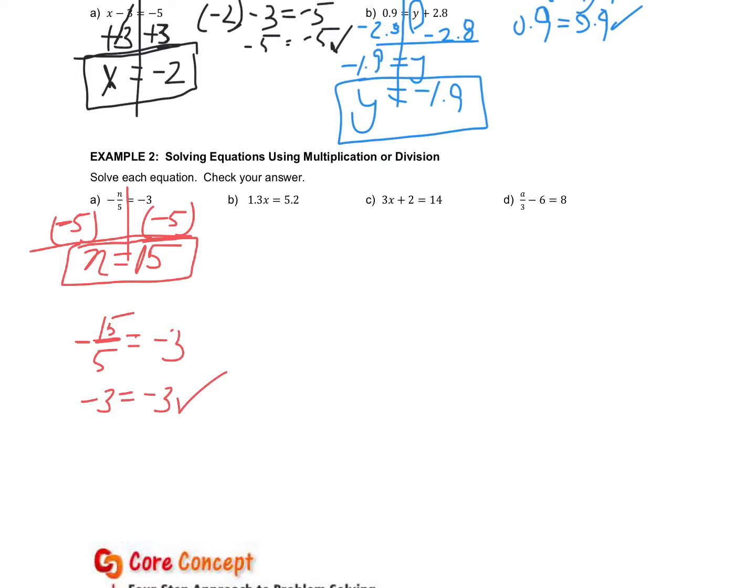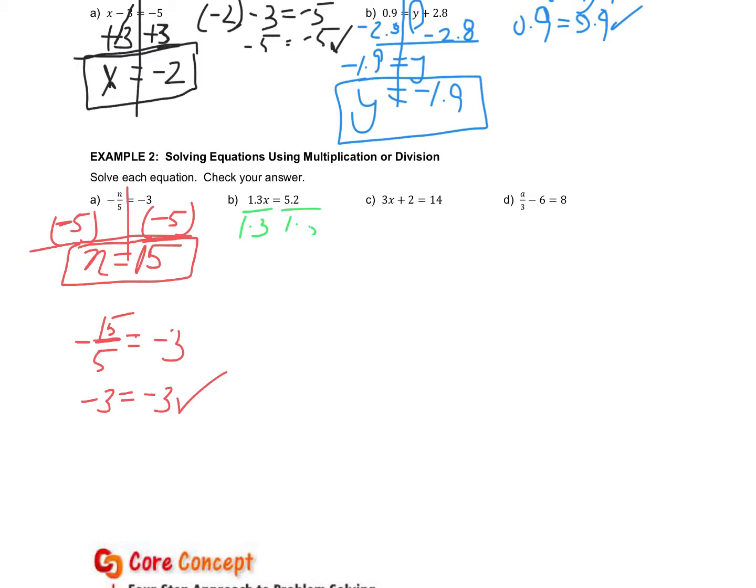Next one. Again, we're looking at the symbol 1.3x. Remembering when I don't see a symbol and I see a number next to a variable, that means to multiply. So this time, to undo multiplication, we're going to do division. And notice that I'm doing the little fraction bar.